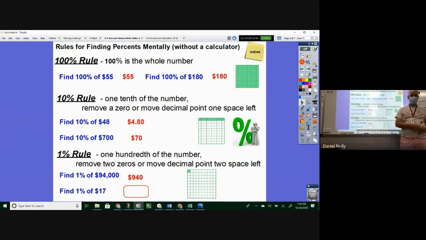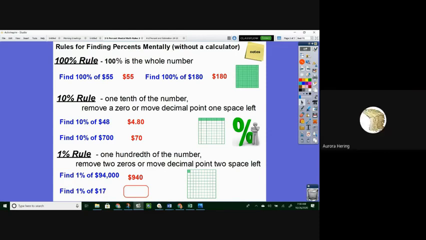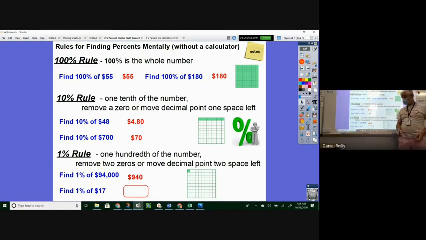It's a pretty small number, but it's not zero. You move the decimal by 2 places: 0.17, 17 cents is 1% of $17. So 100% is just the number, 10%, move the decimal 1 place, 1%, move the decimal 2 places. Those are pretty straightforward rules.